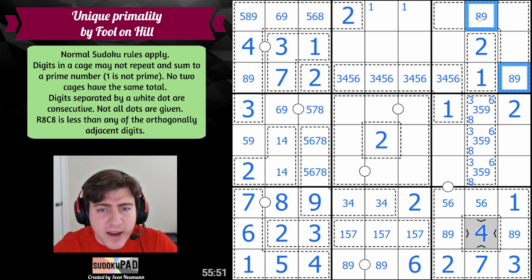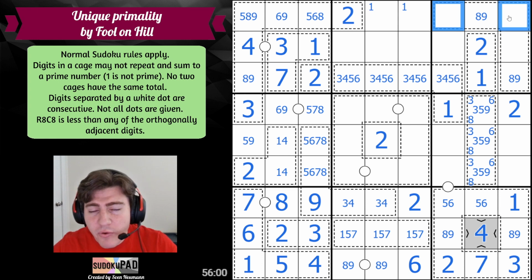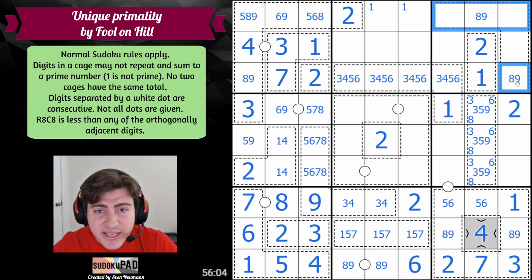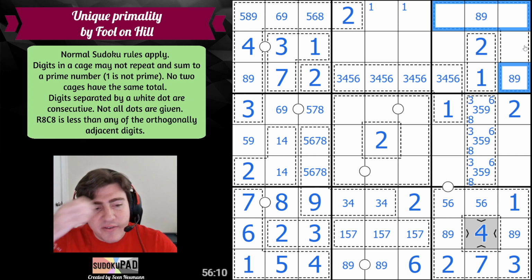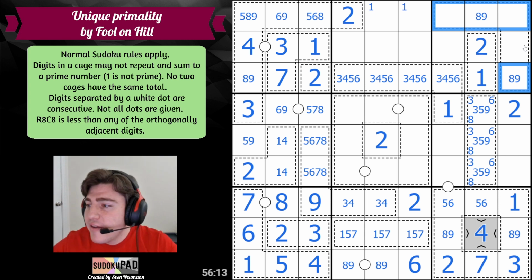8, 9 pair now limits us because if this is 3, 4, that's 7. 7 plus 17 is 24. Oh, but this could be 5, can't it? This could still be 5 to make 29.